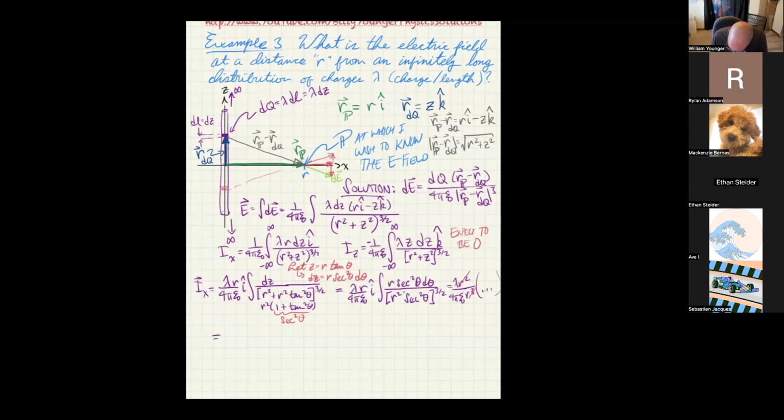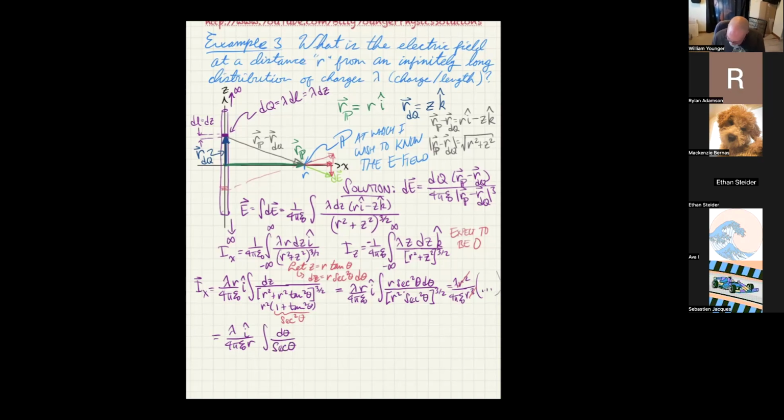So I now have, and I also left off the i hat, but that's okay, lambda i hat over 4 pi epsilon naught r, integral. Now notice the secant squared in the bottom is raised to the 3/2, so that's going to be secant cubed. And then there's a secant squared up top, so that's going to cancel and just leave a secant in the bottom. So now I have d theta over secant theta.